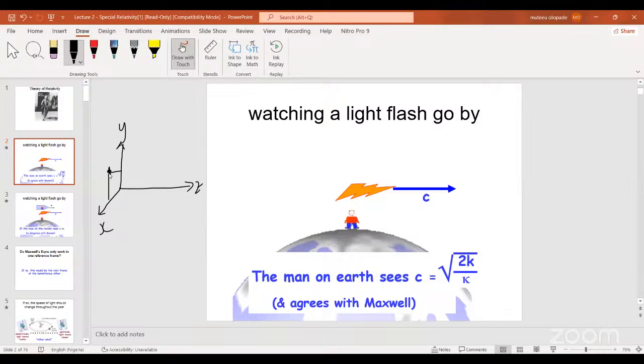But if that frame of reference has uniform motion, then we can discuss the inertial frame of reference. So that's basically what we have when we discuss this inertial frame of reference.